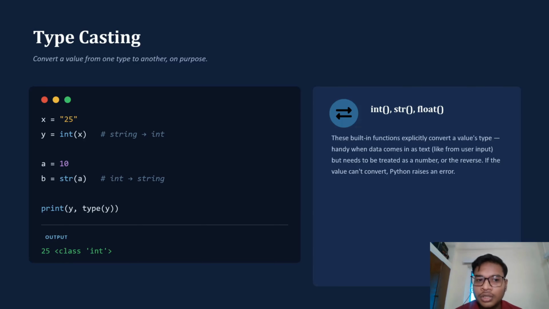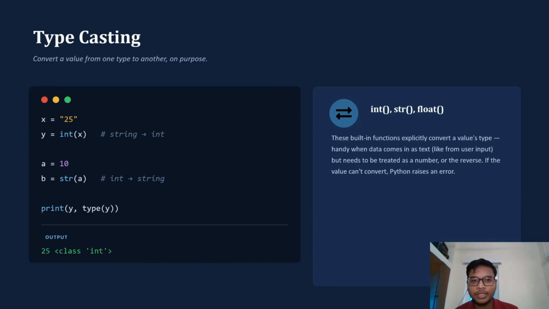And if a equal to 10, which is an integer, and b equal to str of a, then we convert the integer data type into the string data type. So print y and it gives some output.